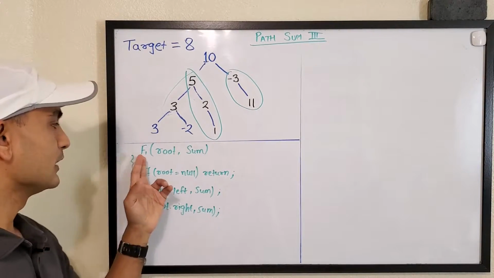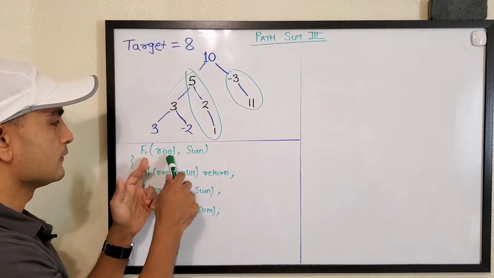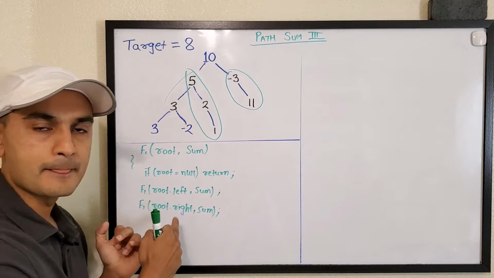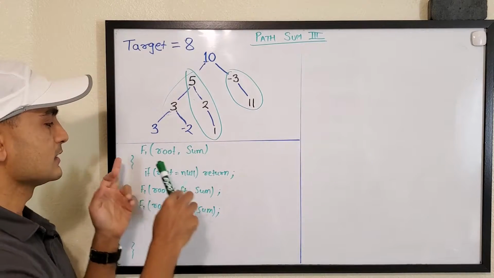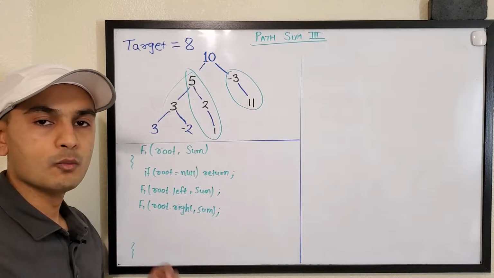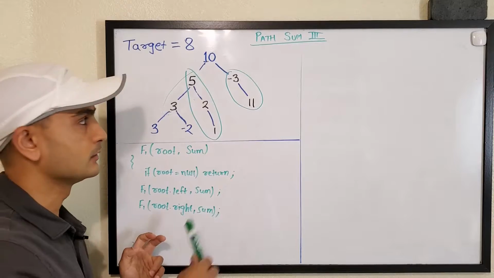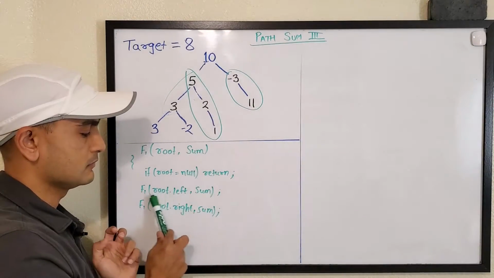So we'll have this function 1. For each node, it'll call this function 1 again, and it'll pass the same target. Let's say this function 1 is called for 10 with target as 8. It'll recursively call for all the nodes. So it'll call node 5 with the same target 8.